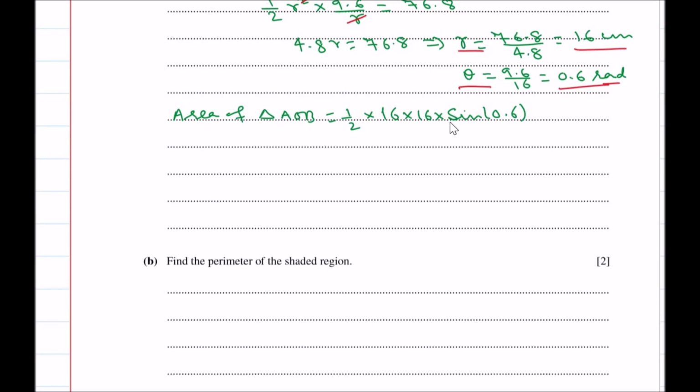Your calculator must be in radian mode when calculating this. So 72.27 centimeter square.